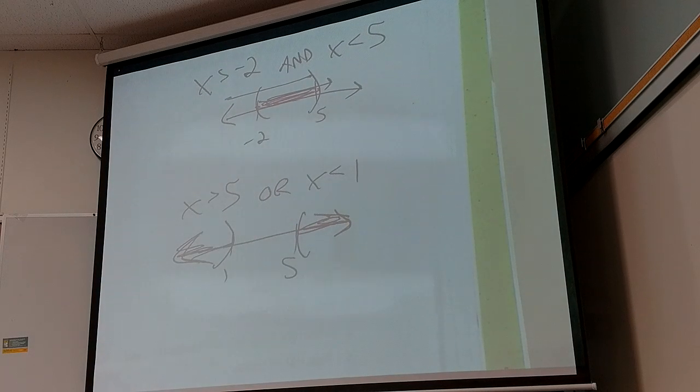It can be greater than 5, so all those get included. Or, we're going to include these people too, less than 1. So that's why I like to say and will almost always be a sandwich. It will be like this. Or will almost always be like this.